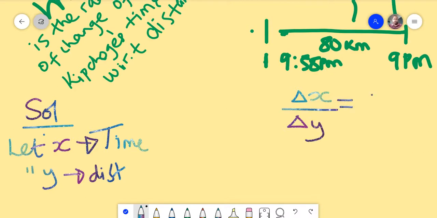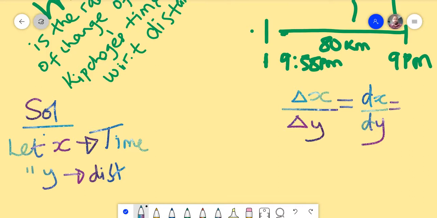Which is nothing but dx over dy, which is nothing but time. You are told it's 9:58, so this is how many minutes? This is 58 minutes, isn't it?